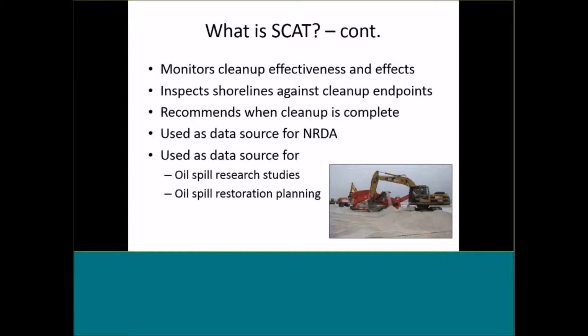And then SCAT is often used for restoration planning as well. You can look at what areas had greater oiling, greater effects, what areas need restoration, what type of restoration is needed. And if you're familiar with things like the Restore Act, there's even some specifications in there about how some of that money gets distributed based on the levels of shoreline oiling in different states and different counties and parishes, et cetera.